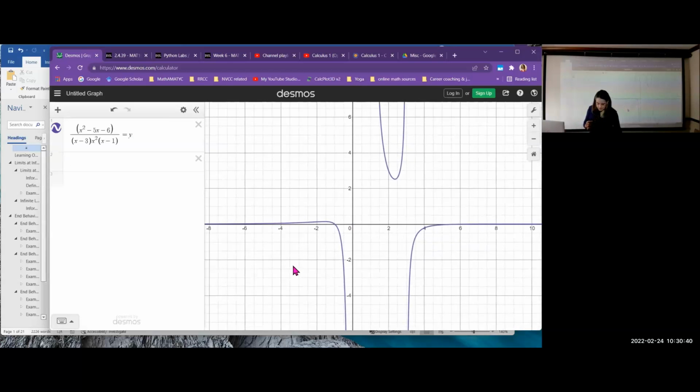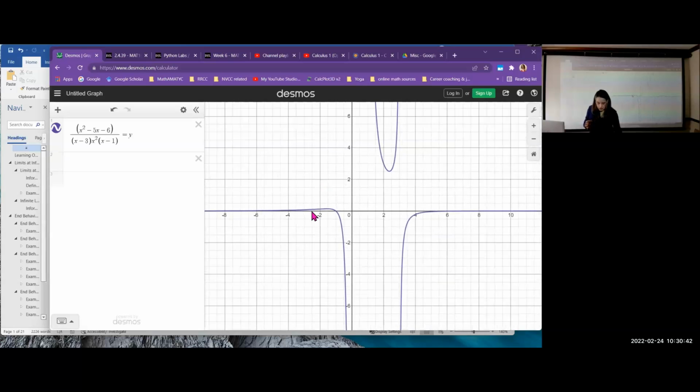All right. So I've put on here a rational expression, a rational function. It's the ratio of two polynomials. It's got some zeros in the denominator. One of them would cancel because x squared minus 5x minus 6 factors as x minus 3, x plus 2. And so because it factors, I actually have a hole out here at 3.